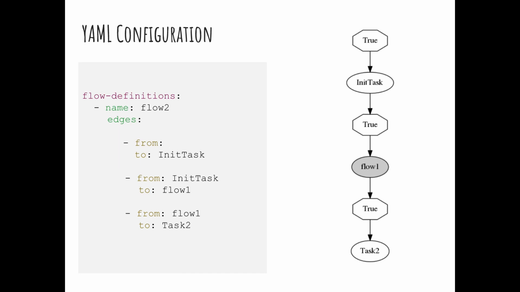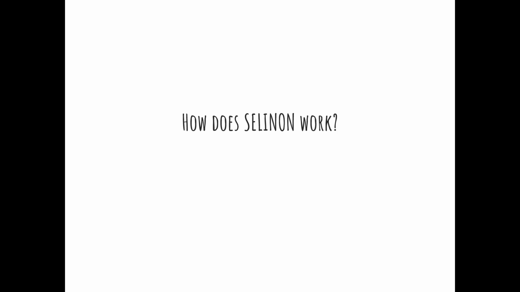So if some task in flow 1 fails and there is no fallback scenario stated in the YAML configuration file, the whole flow is marked as failed, and this failure is propagated to parent flows if there are any, and you can basically catch failures of nested flows in parent flows as well and handle them. Okay, so this is a very brief overview of what Selinon offers you, and you might be wondering, okay, how does Selinon work under the hood?